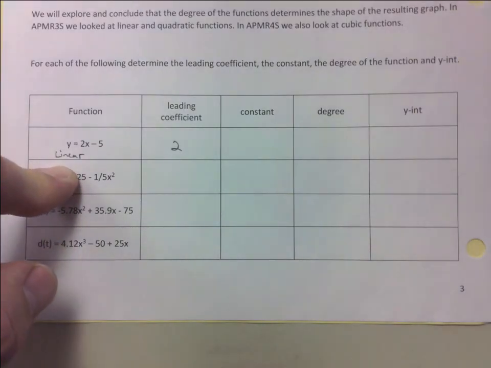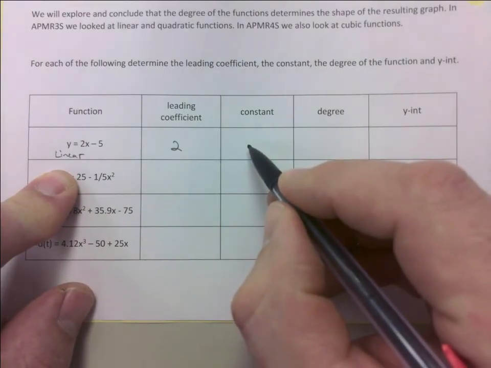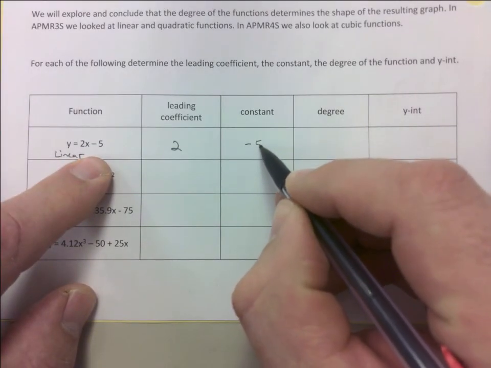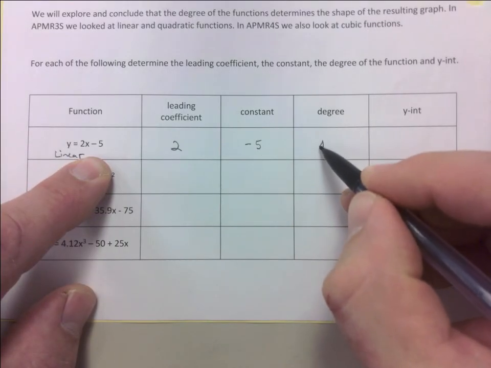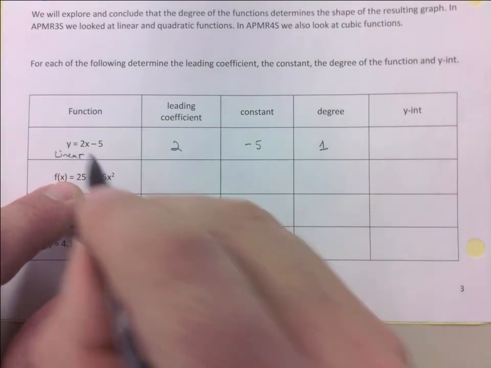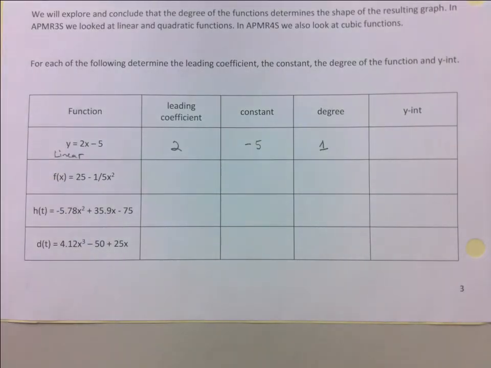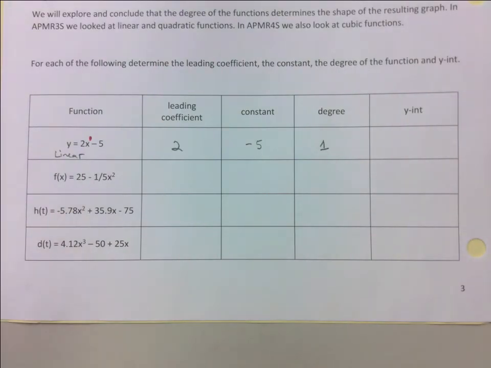It's whatever's in front of the x. The constant is -5. So you go with sign and everything. The degree is 1, because technically, if you go back here, x has an exponent of 1. That's why the degree is 1.